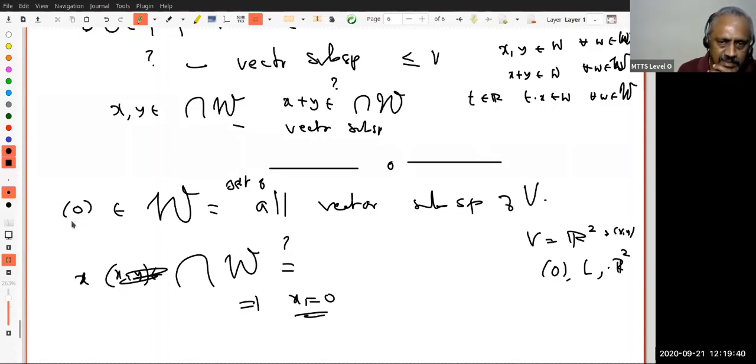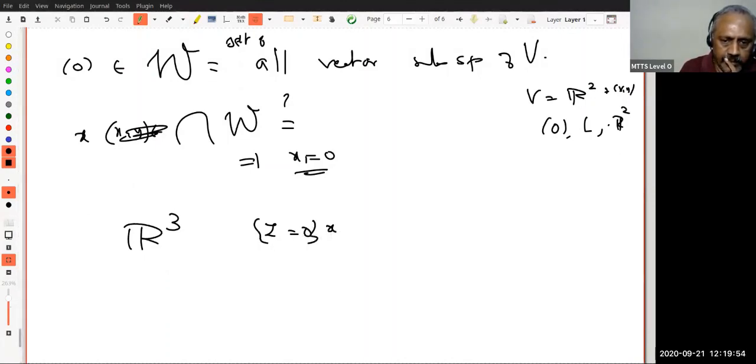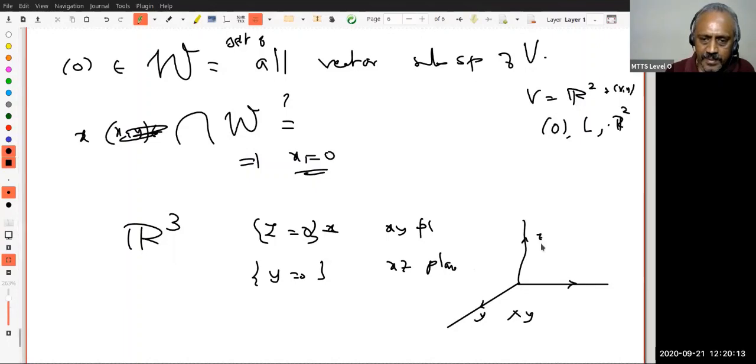All right. Now let's look at the one example we did. Let's look at the plane z equal to 0, that is the xy plane, and y equal to 0, that is the xz plane. The picture will be difficult for me to draw, but I hope that this is the xy plane. Let us say this is x and this is y. This is the xz plane.